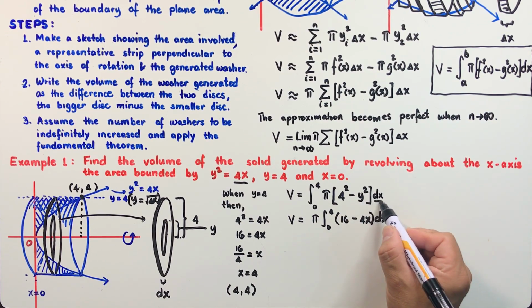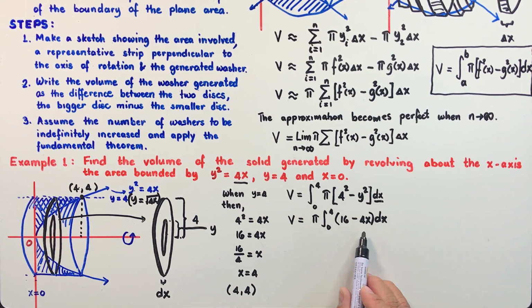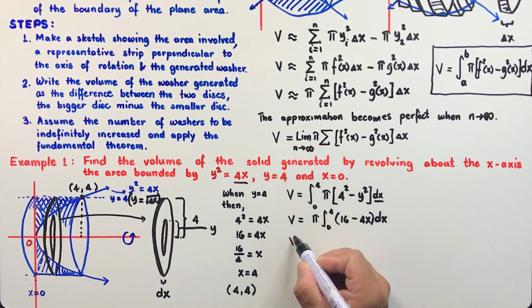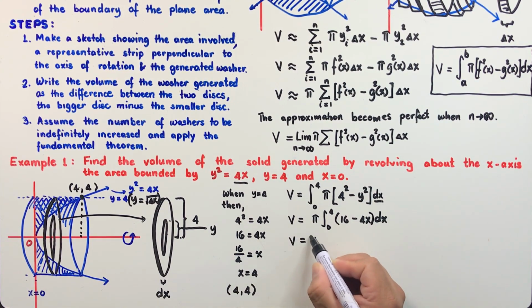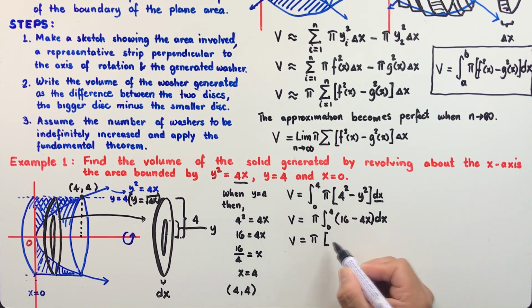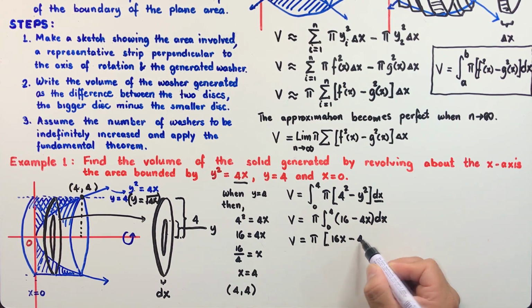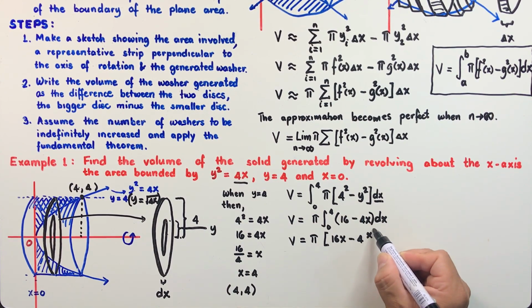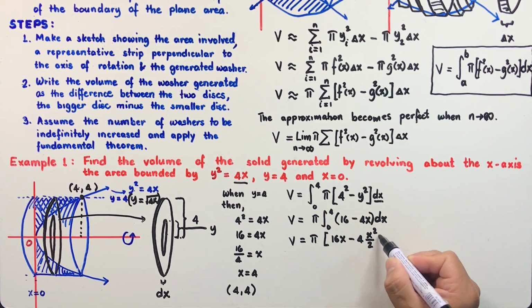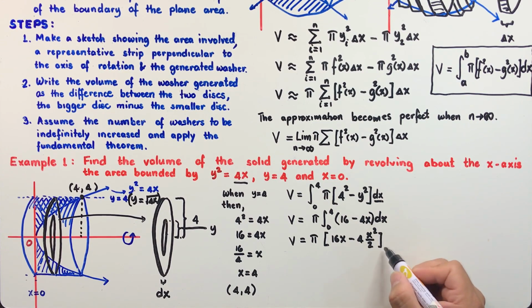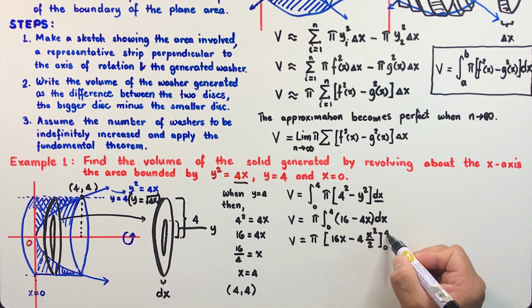Because our variable of integration is x. So integrating this binomial, we have the integral of 16, which is 16x, and the integral of 4x is 4x squared over 2, which is evaluated from 0 to 4.